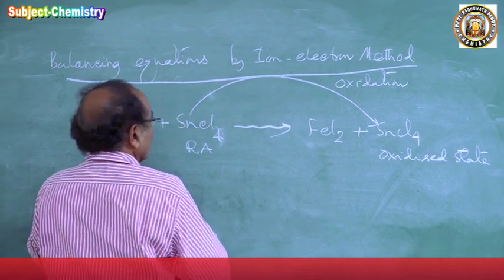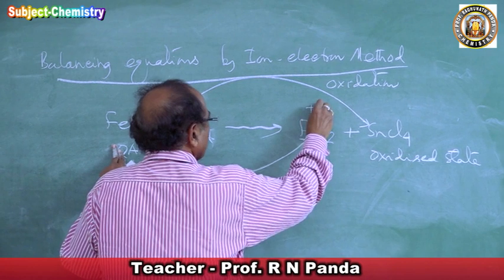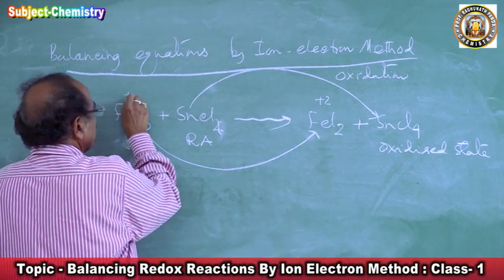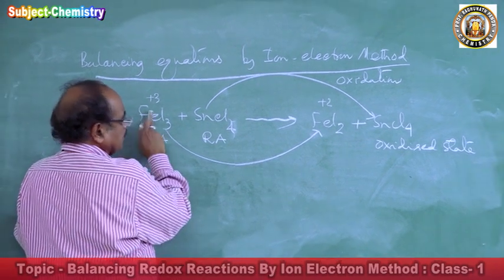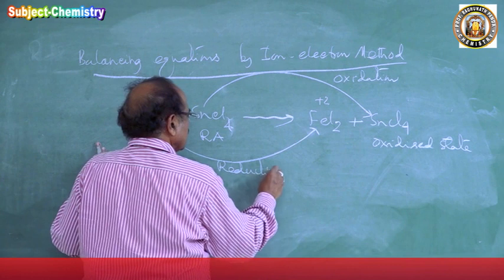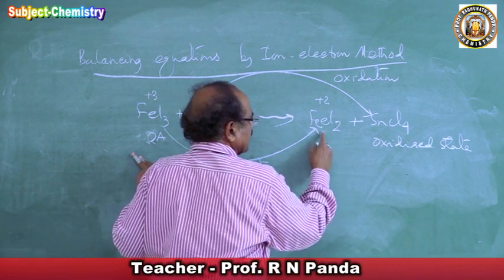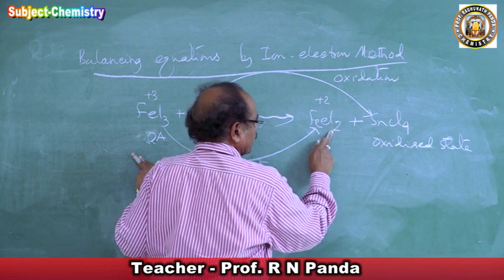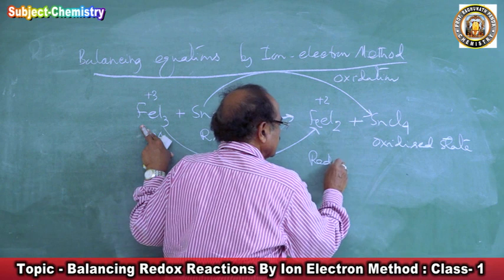And ferric chloride is forming ferrous chloride. Here the charge of ferrous is +2 and the charge of ferric is +3, so it is decreasing. So this reaction is a redox reaction. Hence ferrous chloride is the reduced state of ferric chloride. So this is the reduced state.